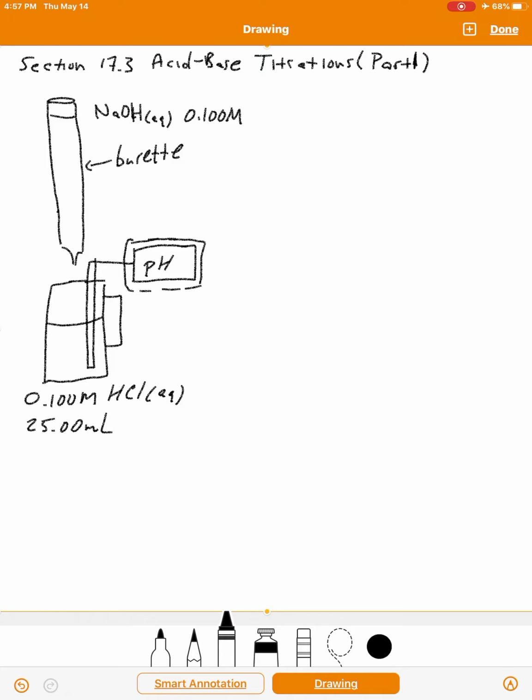And I'm going to show you a few little calculations. So the first thing we're going to do is calculate the pH of the HCl. So I'm going to make a little table here. Volume of sodium hydroxide added.